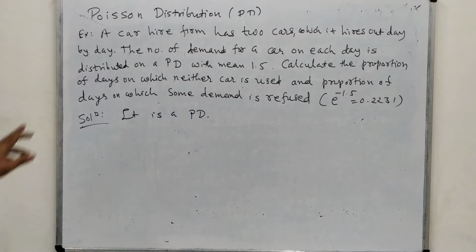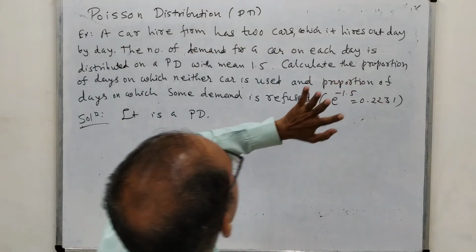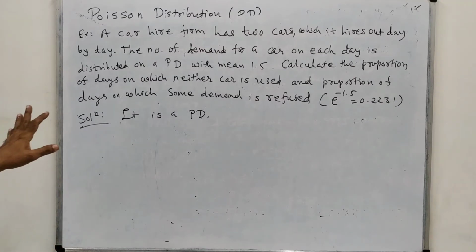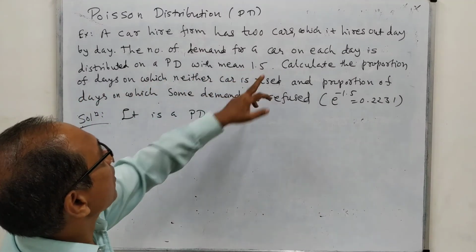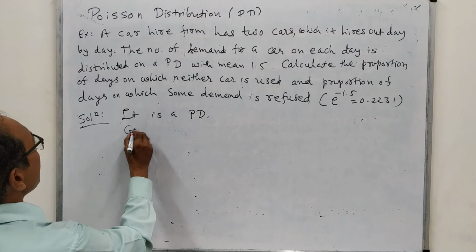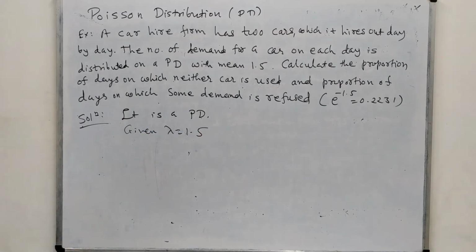If we read the example, a car hire firm has two cars which it hires out. That means it has only two cars, not more than two. The number of demands for a car on each day is distributed on a Poisson distribution with mean lambda, and lambda is 1.5, which is sufficient for us.